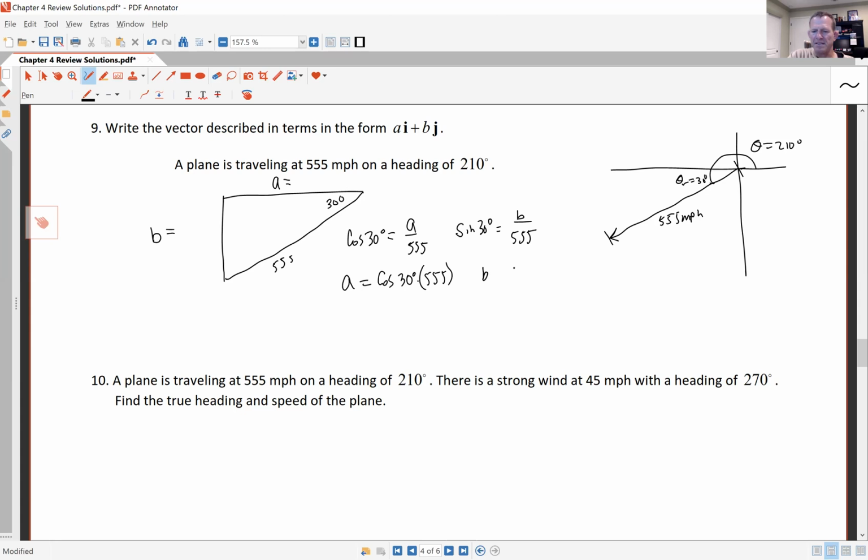And B is sine of 30 degrees times 555. Now we know what these things are. They're root 3 over 2 times 555 and 1/2 of 555. So 555 divided by 2 is 277.5.